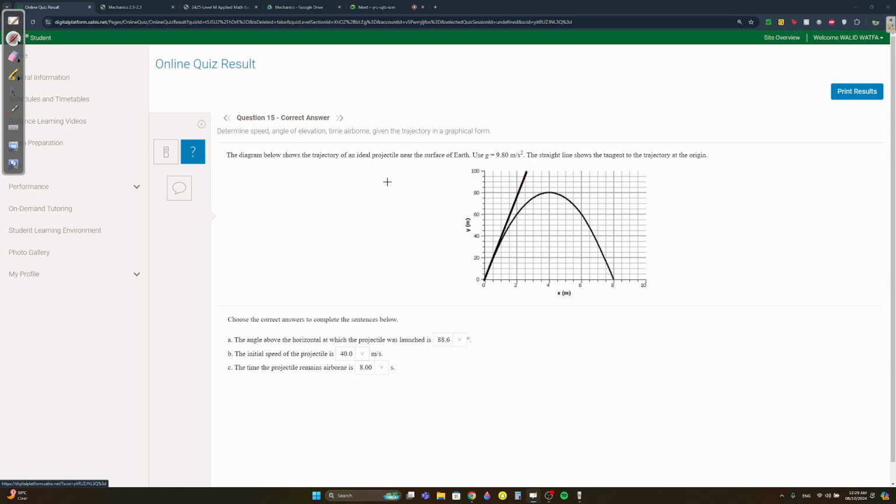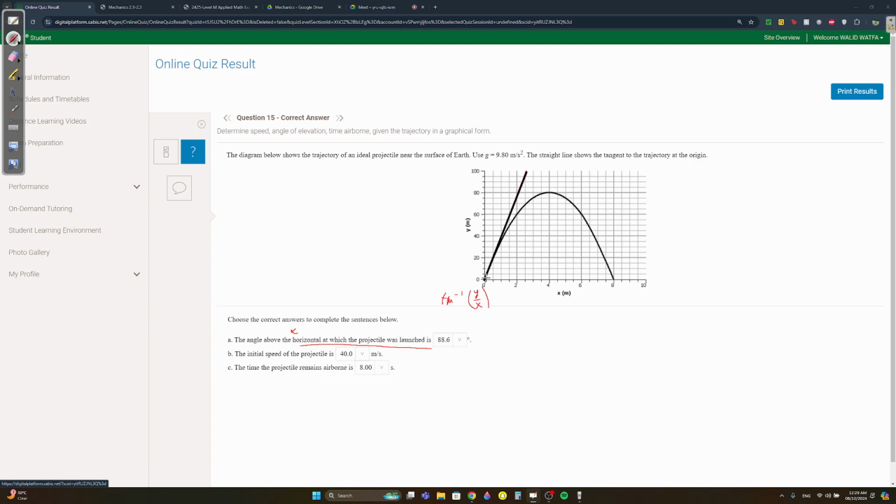Okay, the diagram below shows the trajectory of an ideal projectile near the surface of the earth. Use g equals 9.8. The straight line shows the tangent to the trajectory at the origin. They're asking to find the angle above the horizontal at which the projectile was launched. Always when you want the angle, use shift tan. If you have a graph, shift tan y over x. Very easy.